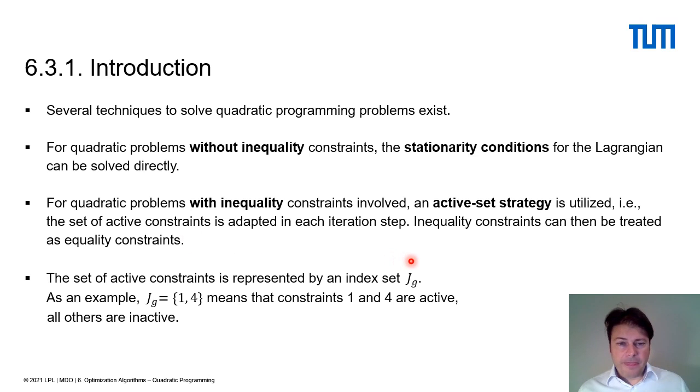Formally, the set of active inequality constraints is represented by an index set, JG, and it could look like this. So JG being the set with two elements, 1 and 4, means that constraints 1 and 4 are active and all the others are not.